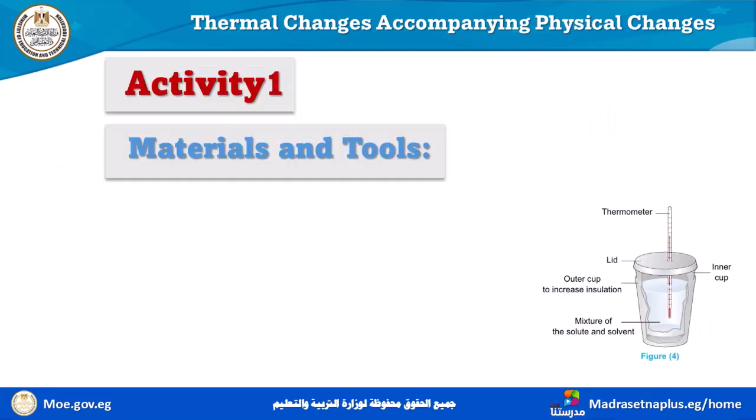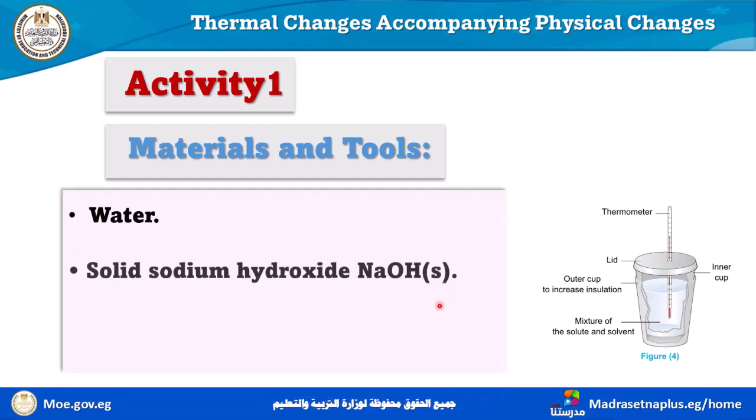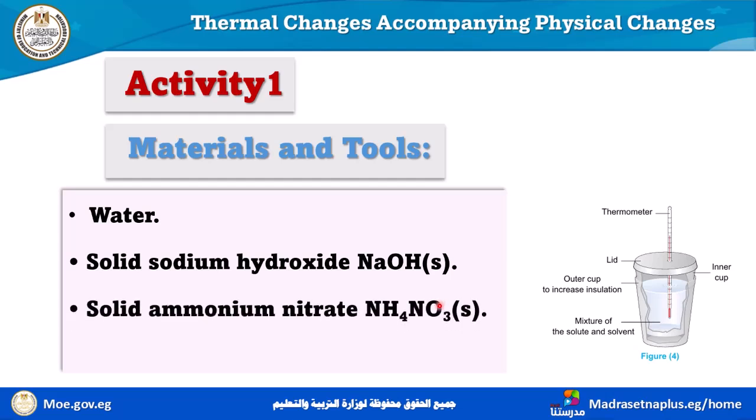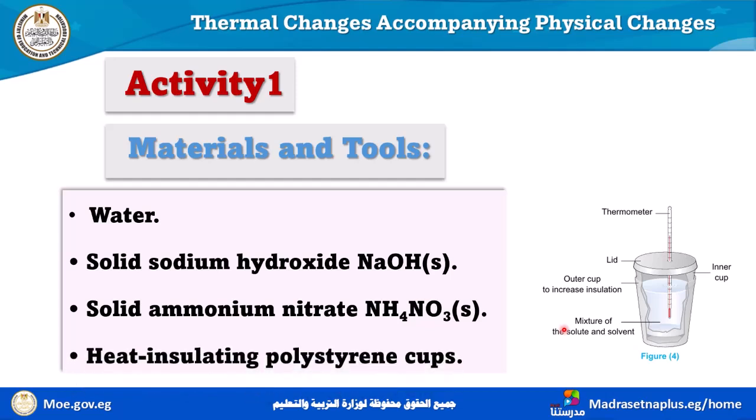Now we are going to do an activity. We will need some materials and tools. Let's explain these materials and tools together. We are going to need water, solid sodium hydroxide, solid ammonium nitrate, and heat insulating polystyrene cups.